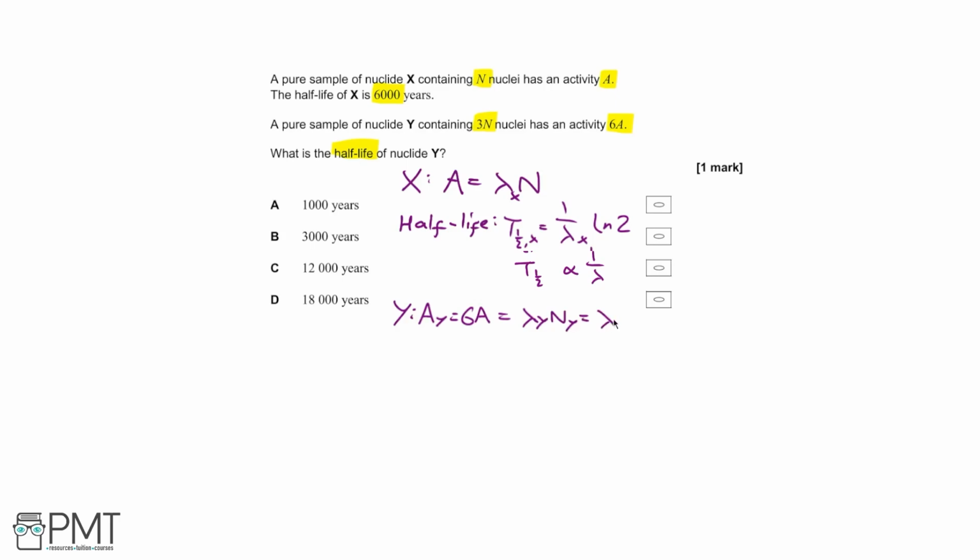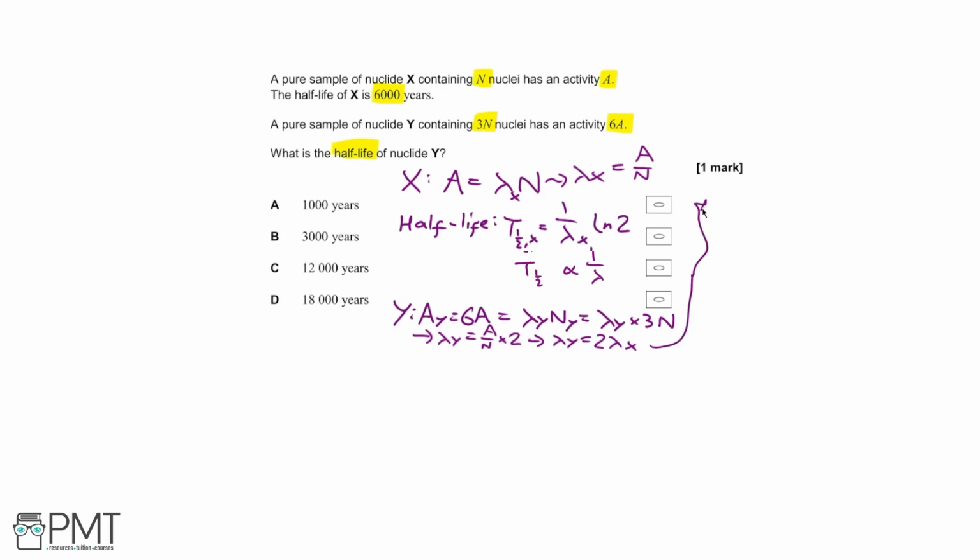And we know that there are 3n nuclei in the sample of y. This implies that lambda y is equal to A divided by n multiplied by 2. This can be related to lambda x by noting that lambda x is just given by A divided by n. Therefore, lambda y is equal to 2 times lambda x.